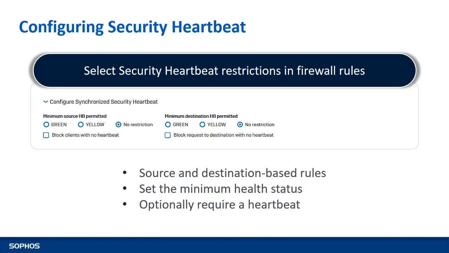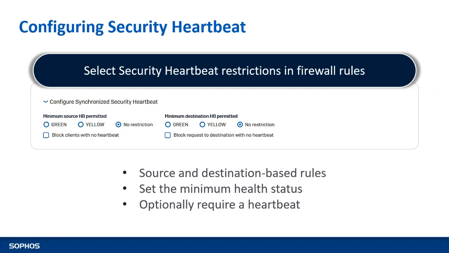Restrictions can be configured for the source, destination, or both, and are configured to set a minimum required health status that is green, yellow, or unregistered. Optionally, you can require computers to have a heartbeat.